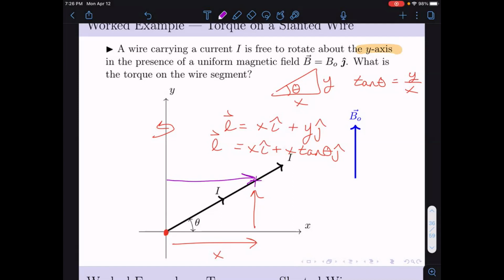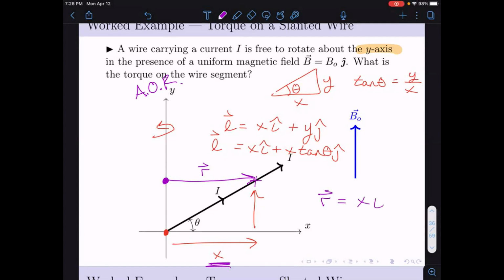In this case, I've drawn it for you right here. The R vector goes from the axis of rotation, which I believe is abbreviated AOR from Phys 1. I will start here on that axis, and I will go towards some point on my wire. Now I have to describe this vector in terms of variables that I know. Similar to the length vector, where we started down here, my R vector is only going to have one component because it's a horizontal line.